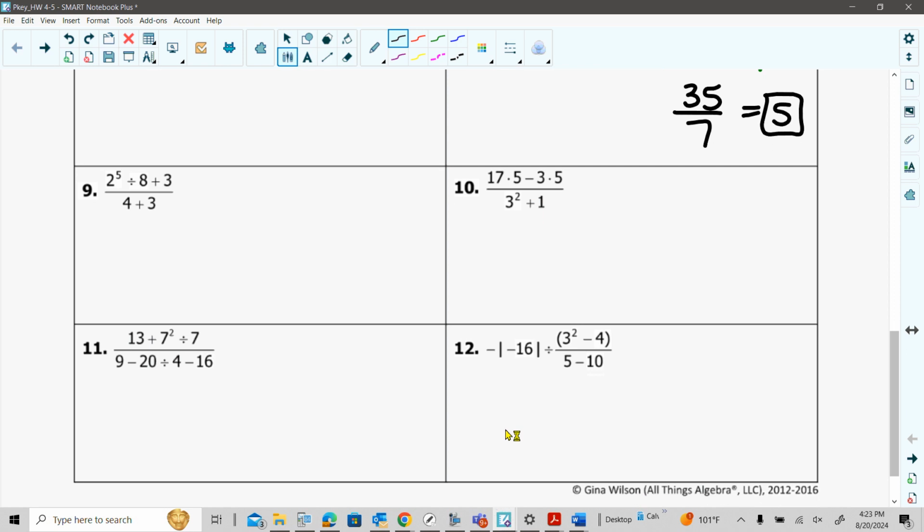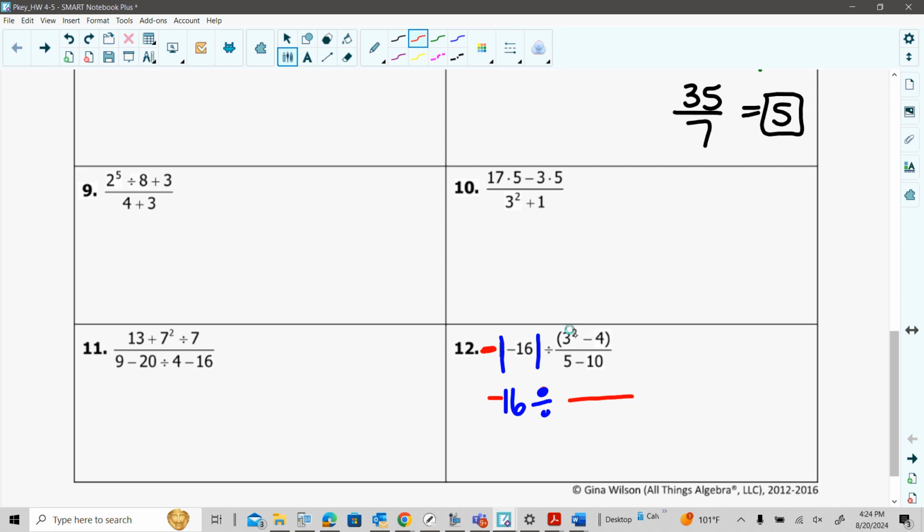Oh, on 12, I want to talk about that same thing. Just like when we had a 2 in front on number 5, this is a negative sign in front of the grouping of the absolute value of -16. It's like saying absolute value of -16 is 16, but then I have that negative sign right here, so I'll make that a -16. We're going to divide by the fraction.